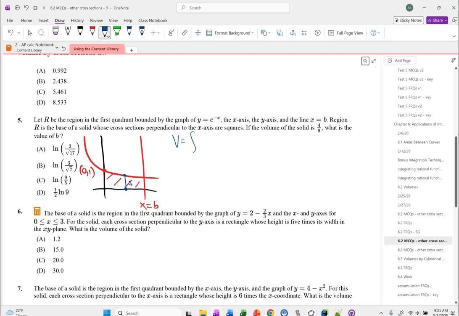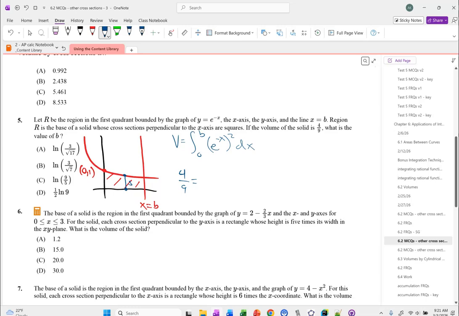So my volume should be the integral from 0 to b of e to the negative x squared dx. Does that all look okay to everybody? Okay. So we know the volume is 4/9.